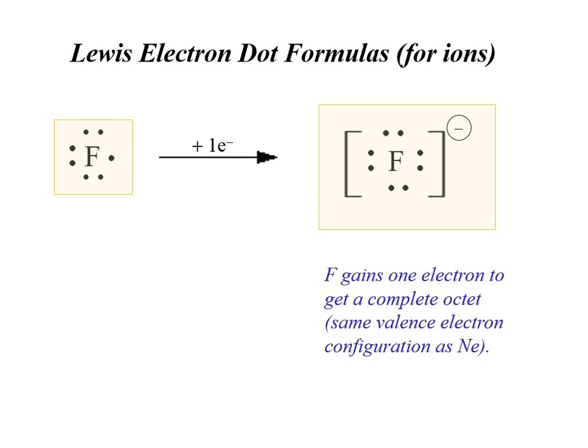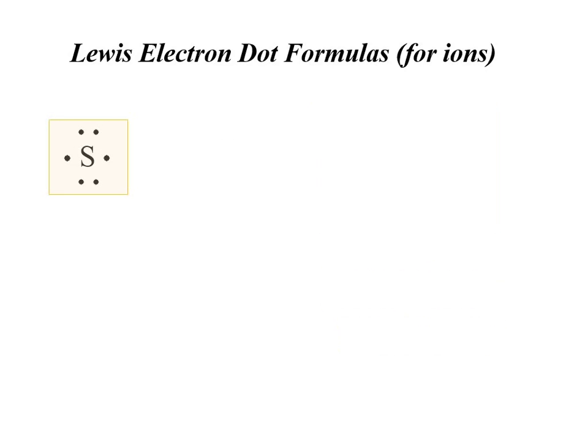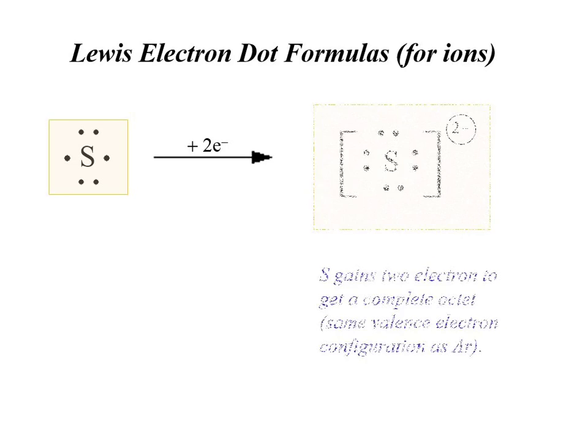I think it's easier to show how electrons are configured when they pick up electrons than to show the new electron configuration of a cation. Sulfur, again a non-metal, how many electrons is it going to pick up? 2. It's itching for those 2 electrons to get a complete octet.